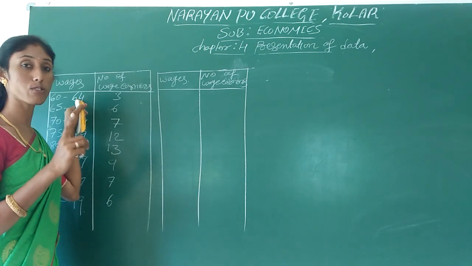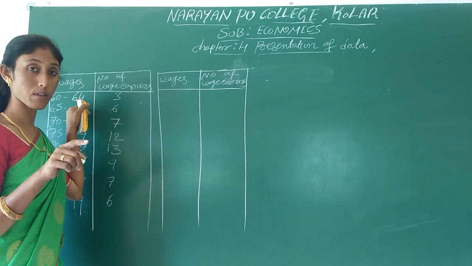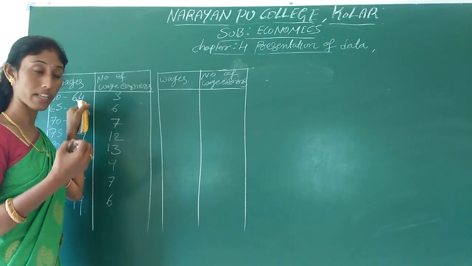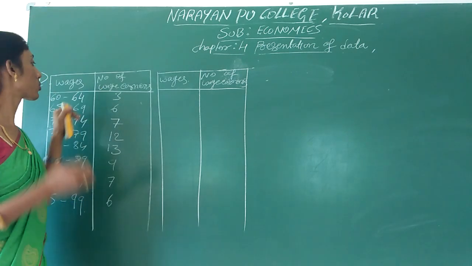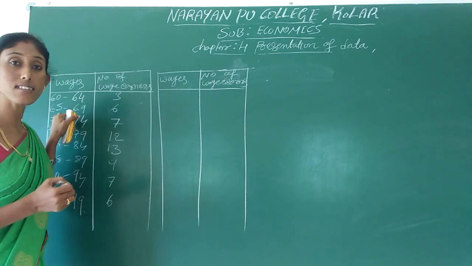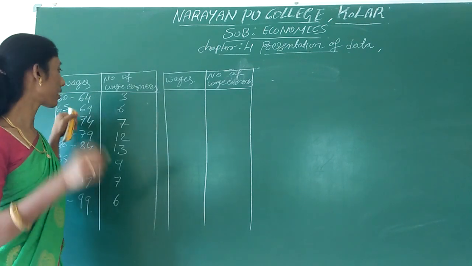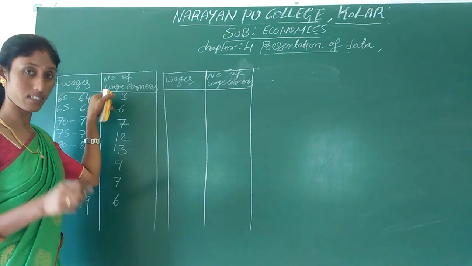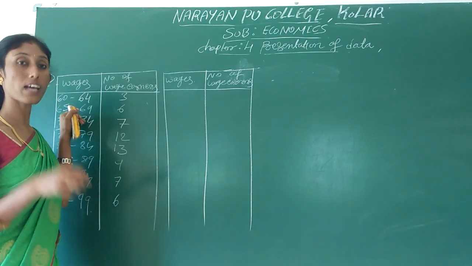That difference should be divided by 2, and whatever value we obtain, we should add it to each class upper limit and subtract it from each class lower limit.